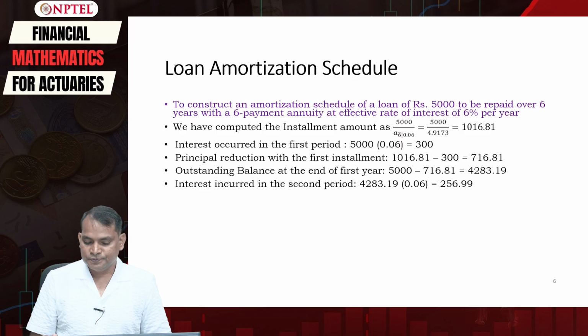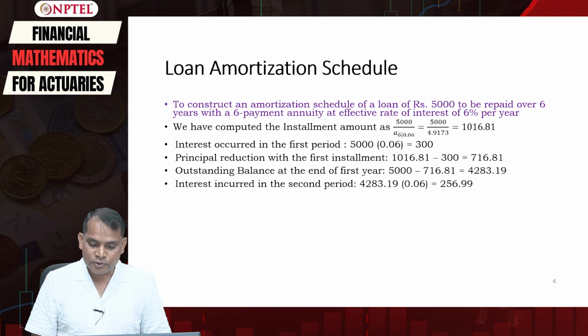Now we need to compute the amortization schedule, for which we first compute the installment amount. Then we want to know how much of this installment goes towards the interest due, how much goes towards the principal reduction, and therefore what the outstanding balance is after this payment.